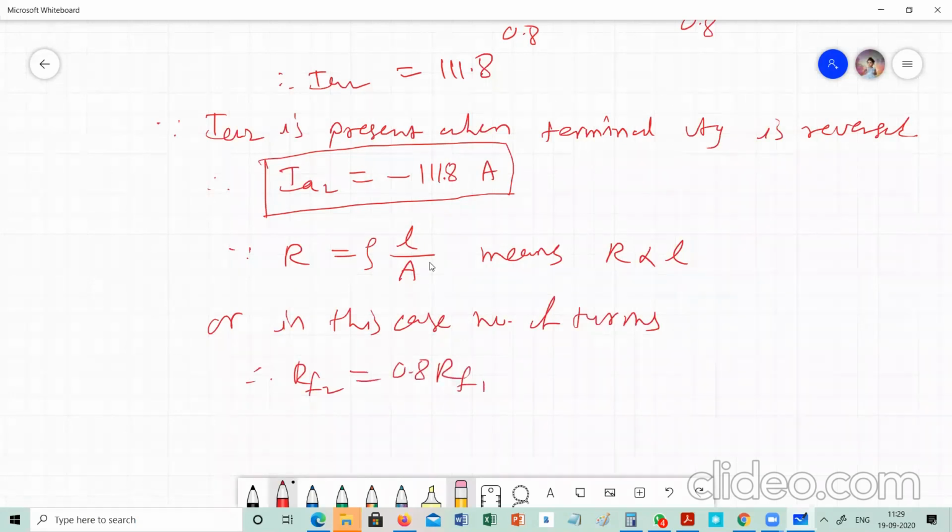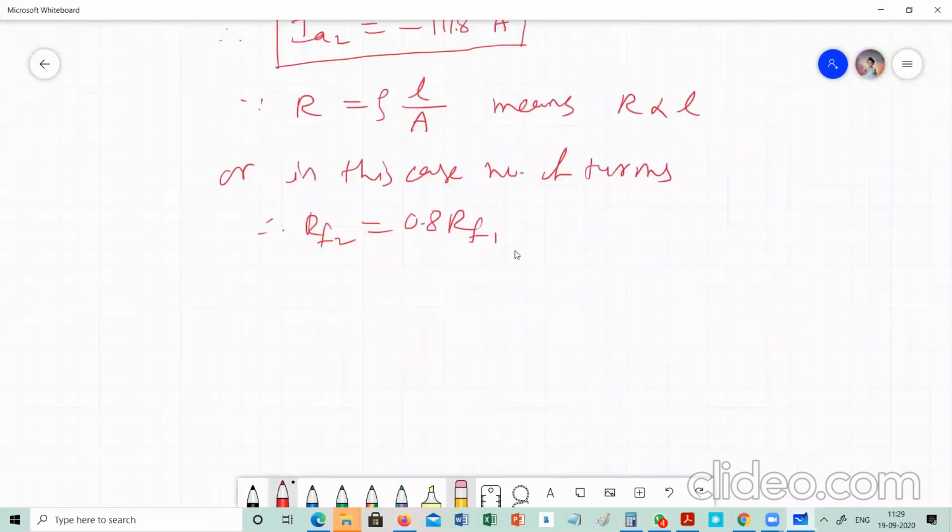Previously the resistance was RF1, but the turns are reduced to 0.8, so RF2 is equal to 0.8 into RF1, which is 0.8 into 0.05. किती आहे ते सांगा. 0.04 ओहम. ओके, तर RF2 आपल्याकडे आहे.